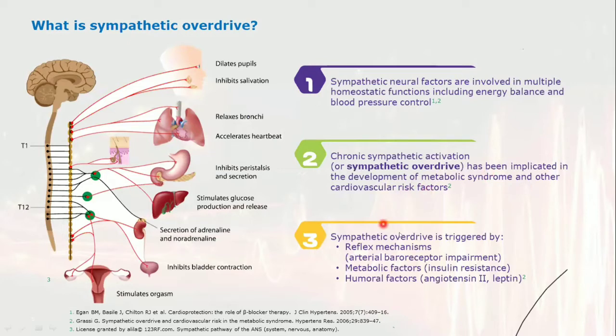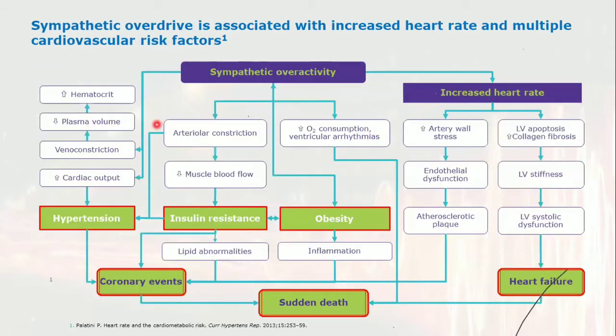The drive is triggered by reflex mechanisms like arterial baroreceptor impairment, and then metabolic factors, insulin resistance, and humoral factors. So after we have understood this particular system, as a result of which there is an effect upon the heart, the lungs, the kidney and the different organs of the body, what really happens when there is a sympathetic overactivity? It increases the heart rate.